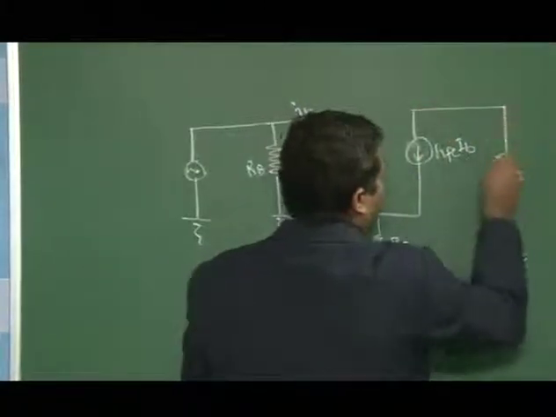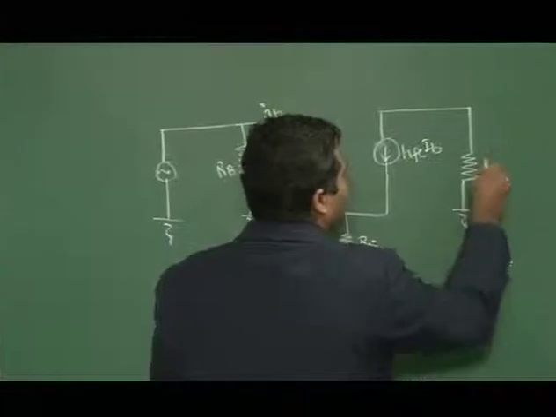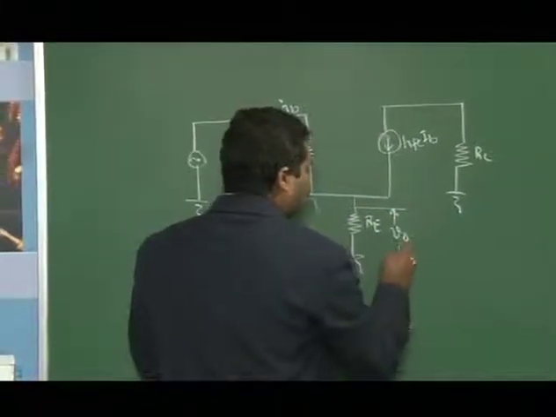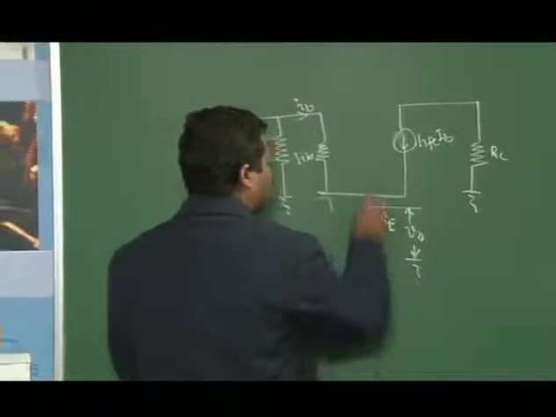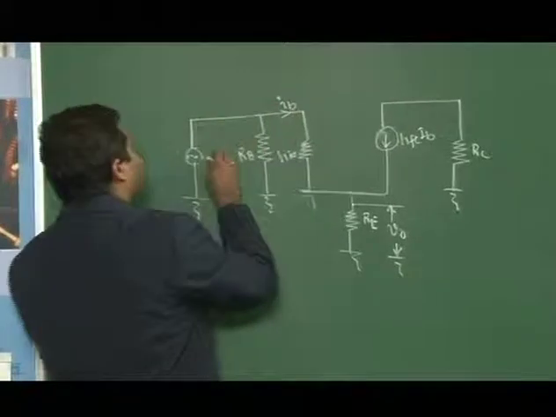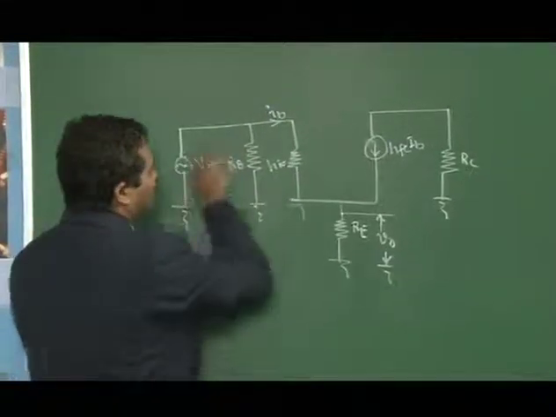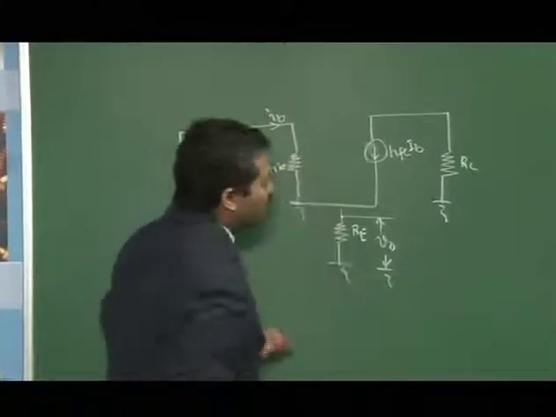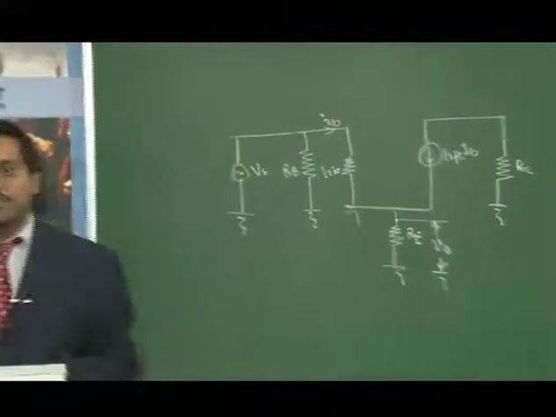Then we have RC being grounded, and you are taking the output voltage across the emitter. Now this IB can be put as, this is the supply voltage Vs, so I can put IB as Vs divided by HIE. So, I can substitute Vs divided by HIE.